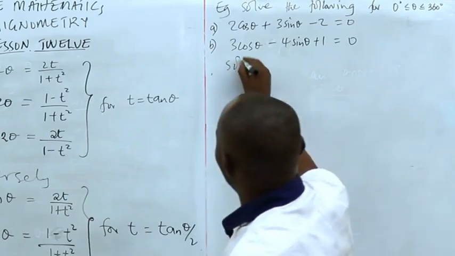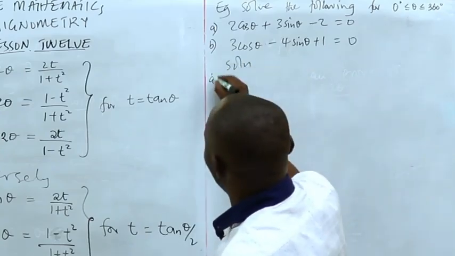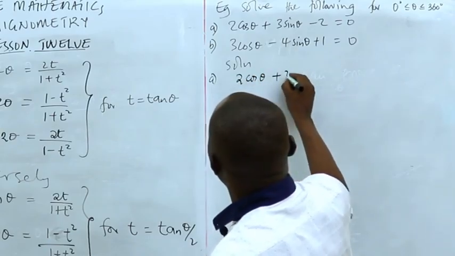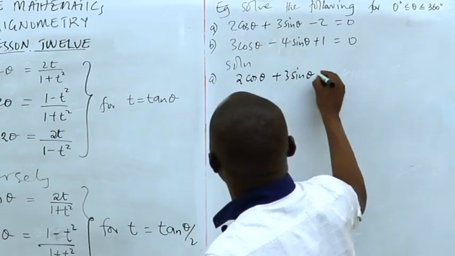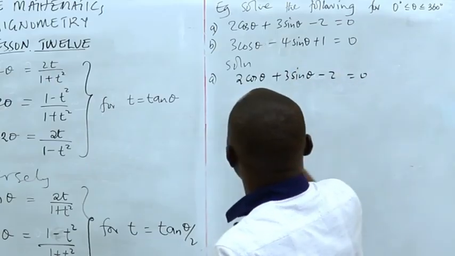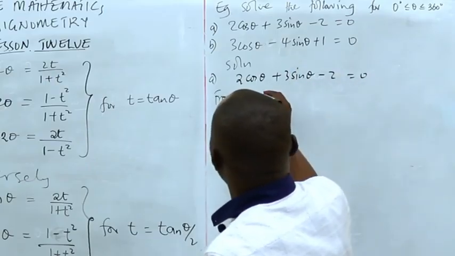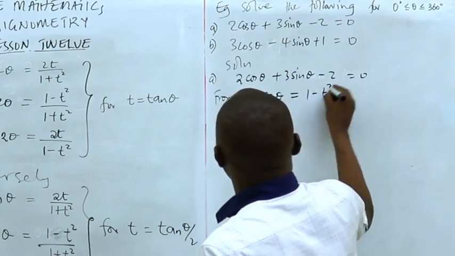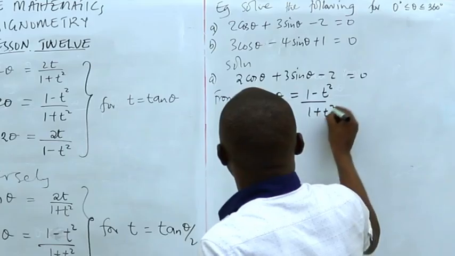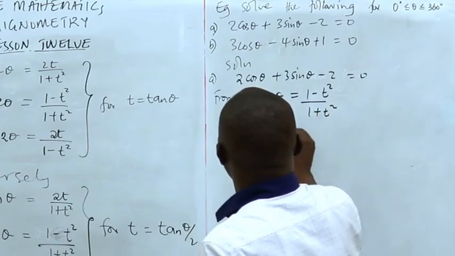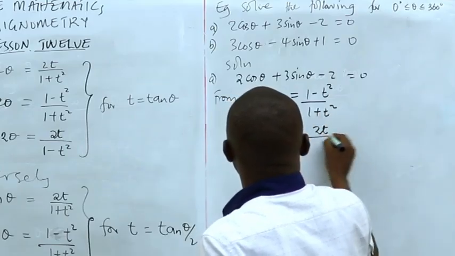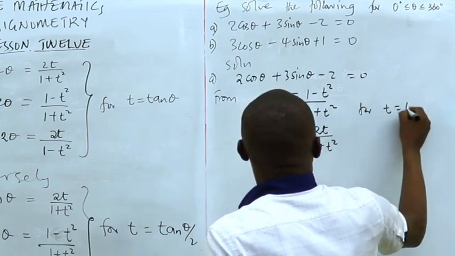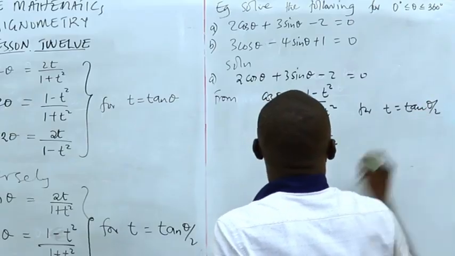So solution part A, we have 2 cos theta plus 3 sin theta minus 2 is equal to 0. And from cos theta, which is 1 minus t squared over 1 plus t squared, and sin theta, which is 2t over 1 plus t squared, for t is equal to tan theta over 2.